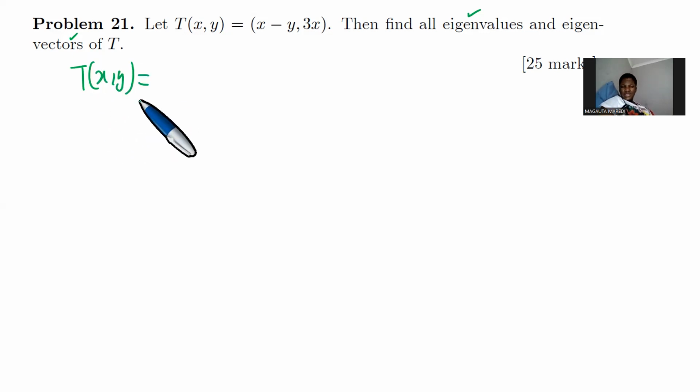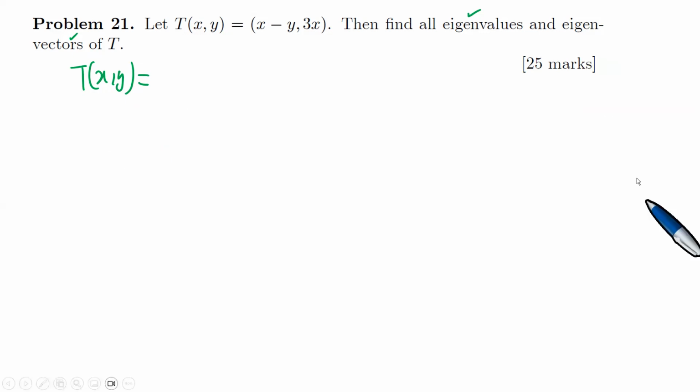Yes, it is 25 marks. Okay, there's a bit more work. I've taken it from the material, and it's a good one. But this is how we start.